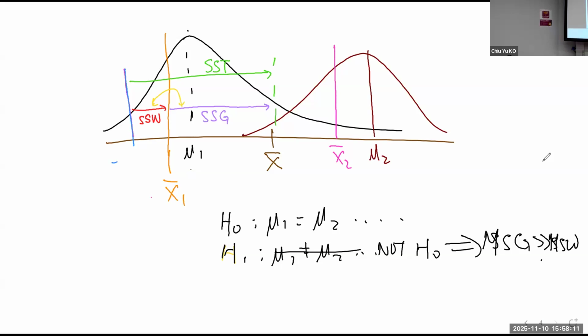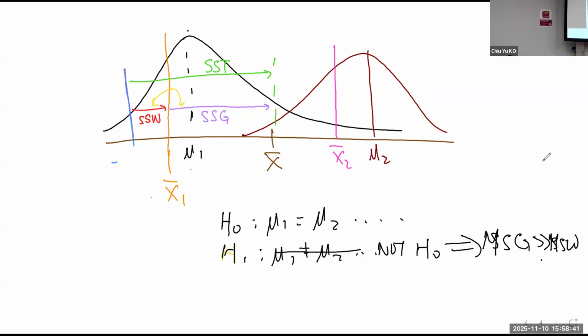That's why we use the F test: the variance calculated between the sample means should be much larger than the variance calculated within group. The variance across groups captures the information on whether the groups are different. Within group doesn't have this information.